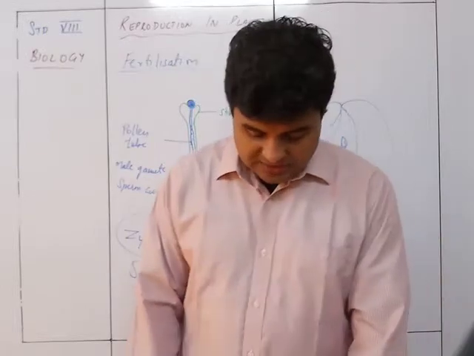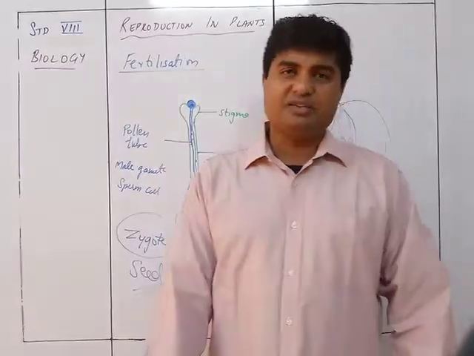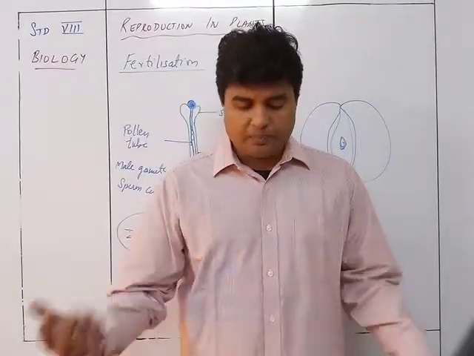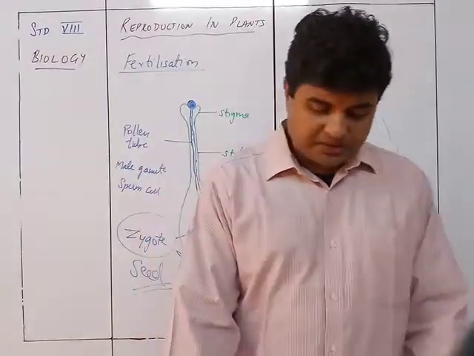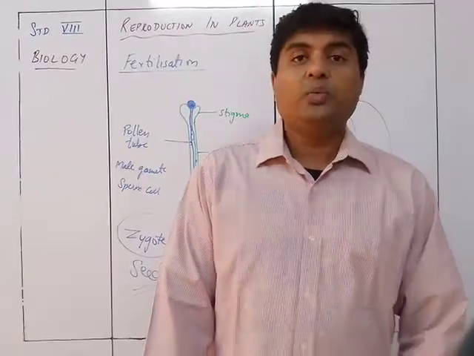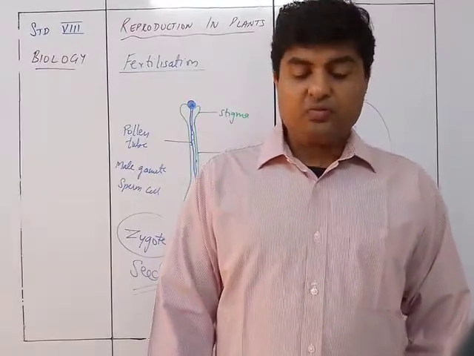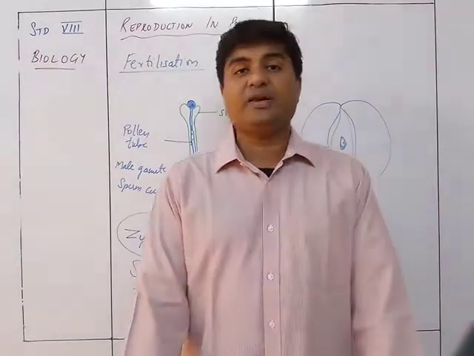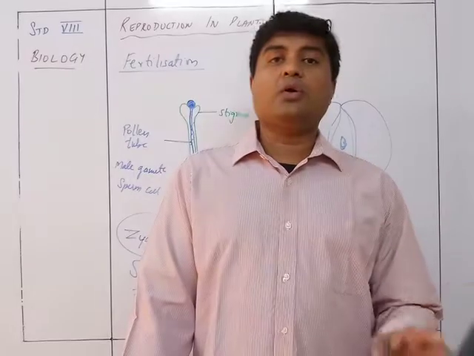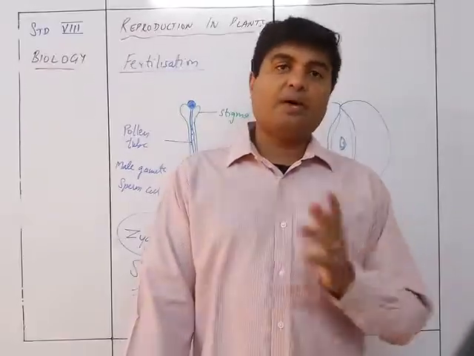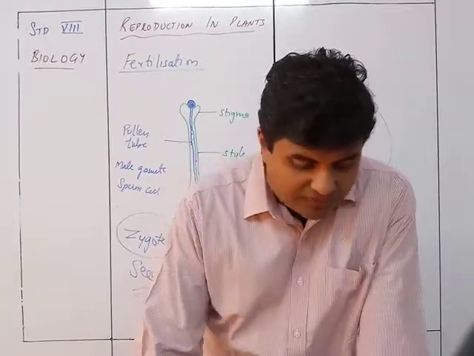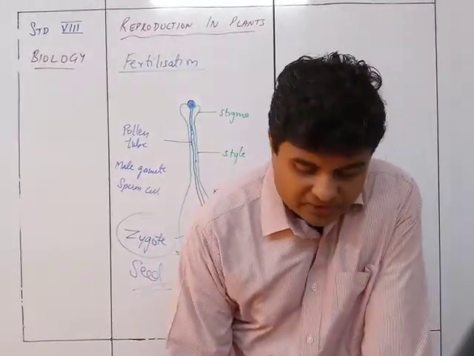The method of releasing the seed from the plant or from the fruit to different places is called seed dispersal, or we can say it is a method by which we are having biodiversification. That means we are having different areas having different trees, because the seeds disperse from one part to another part, and accordingly there will be growth. So that was about the chapter Reproduction in Plants.